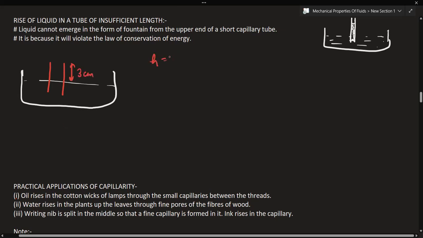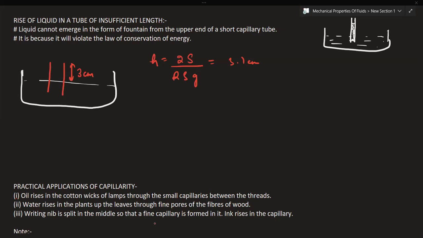But the height of the ascent, that the rise of the water that has to occur, is based on this formula 2T divided by r rho g. This is, let's say, 3.1 centimeters. So is 3 centimeters sufficient for 3.1 centimeters, or is it less?